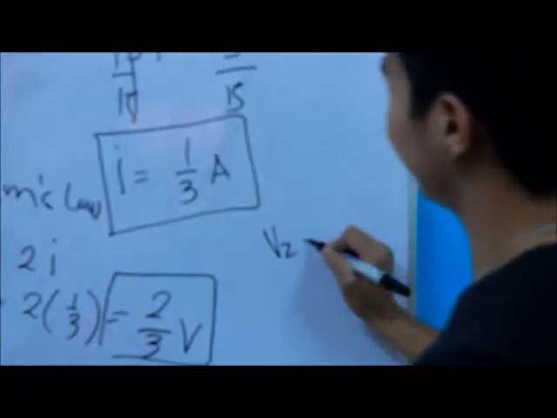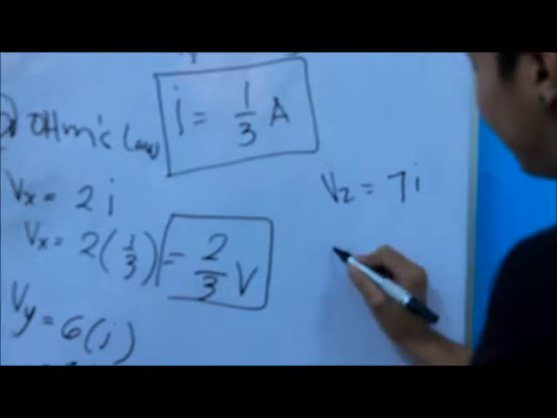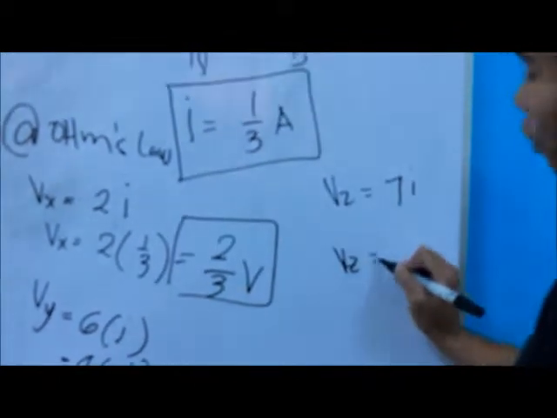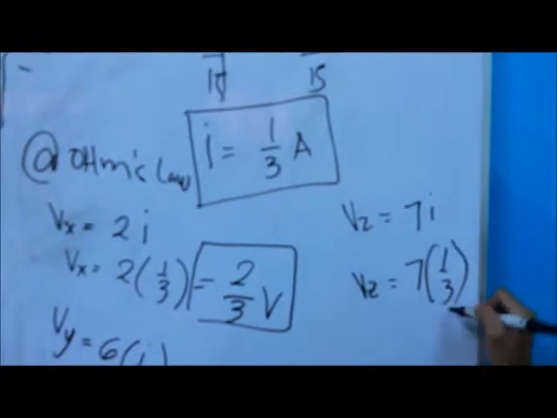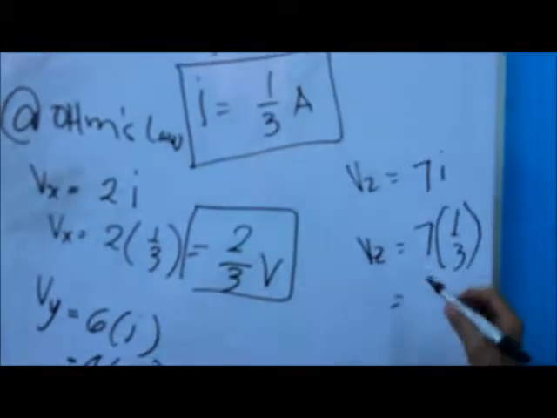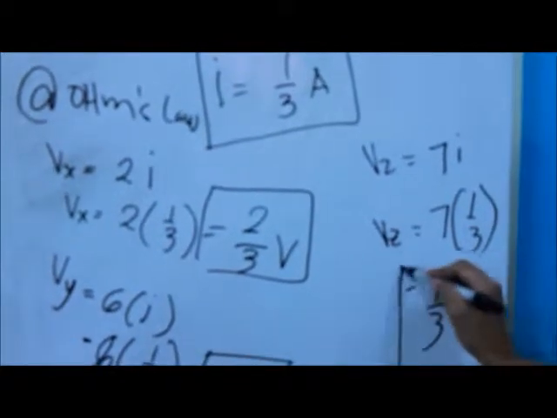Vz is equal to 7I. Substituting I, Vz is equal to 7 times 1/3, so Vz is equal to 7/3 volts.